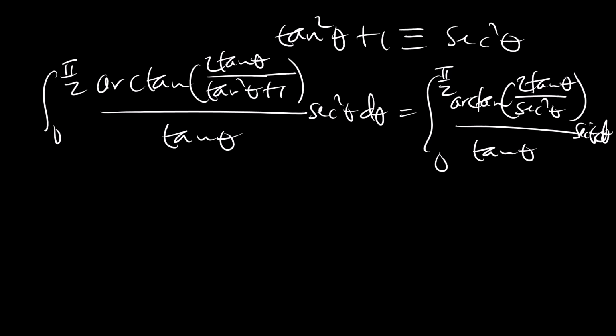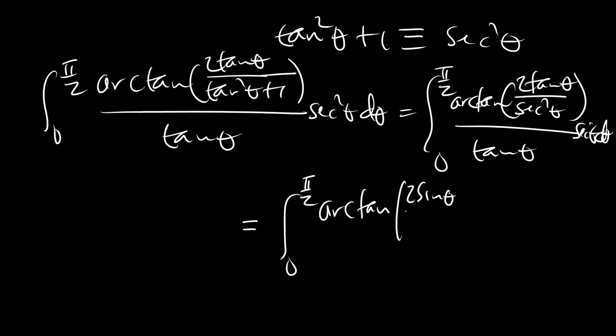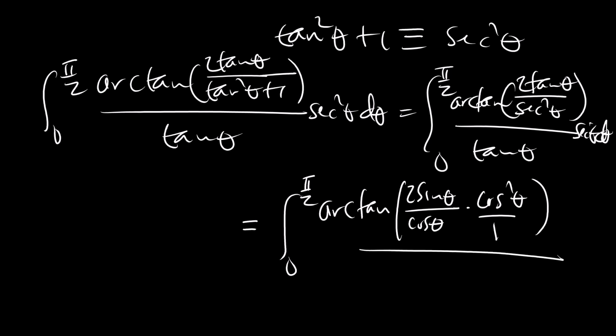So what we have here is 2 sine theta over cosine theta, divided by, so this is the same as times cosine squared theta over 1, over sine theta over cosine theta times 1 over cosine squared theta.